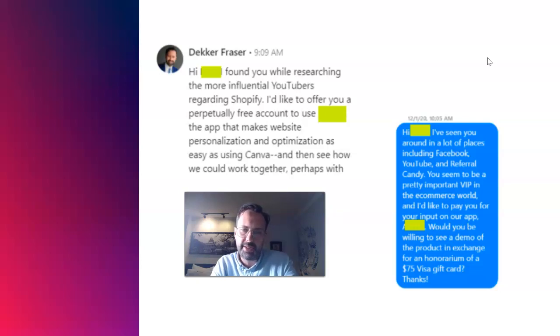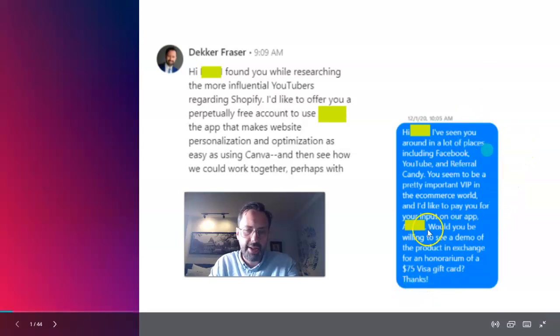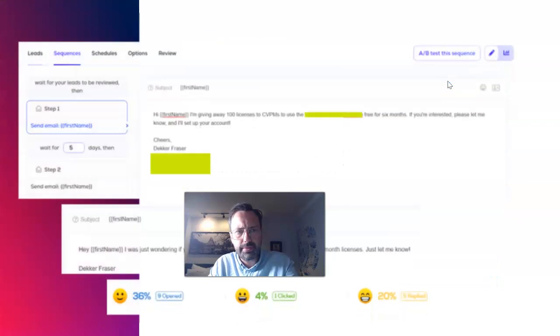I'm representing this e-commerce app. This person's in the e-commerce space. I'm customizing it to them, so I'm talking about why I'm reaching out to them uniquely, and I'm giving them something that they want, which is money, and just to get their feedback. So I'm not asking them to promote anything. I'm just asking for their professional opinion, and that worked, by the way.